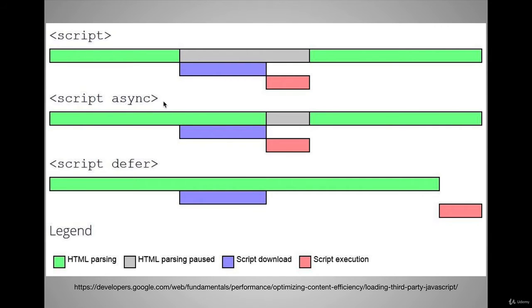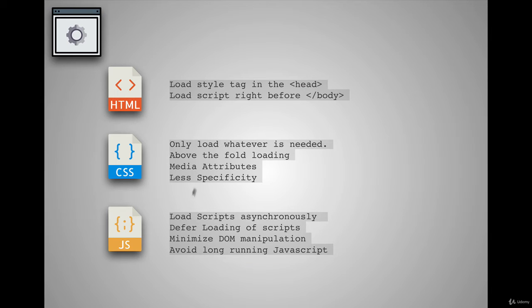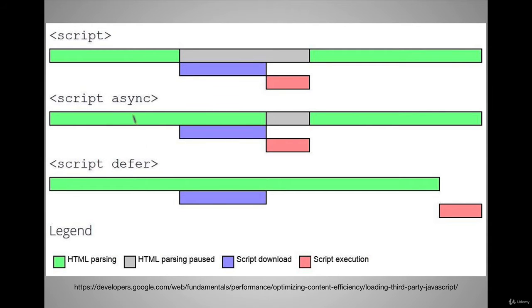Now, there's a second option. Going back to our point here, the other option with JavaScript is that we can defer loading of scripts. And defer loading of scripts, again, is simple with this one attribute. Defer is very similar to async in that it will not block loading of our page. However, it will wait to execute until after our HTML has been parsed and will execute in order of appearance.